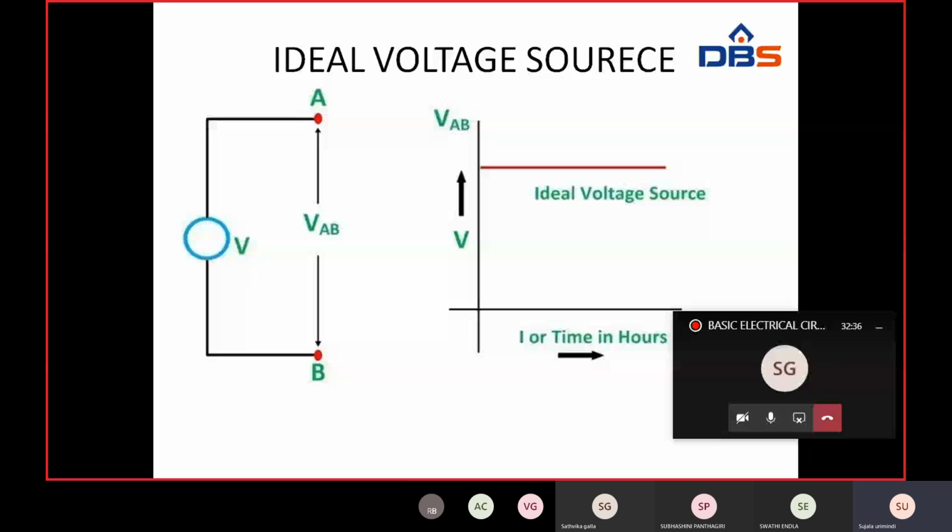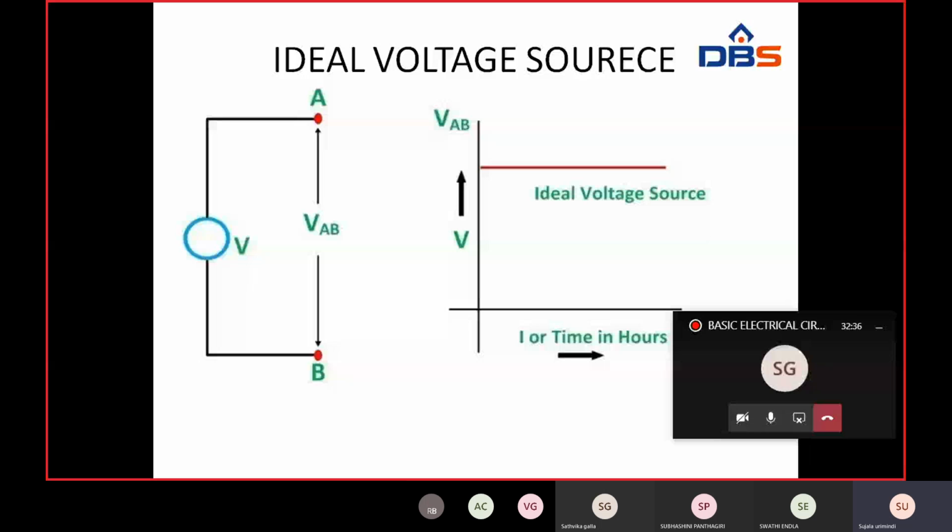Similarly, we observe the ideal current source. In this ideal current source, the x-axis is voltage and the y-axis is current. Whatever the voltage is, the current will be maintained constant, because in a current source the resistance is in parallel with the current source.